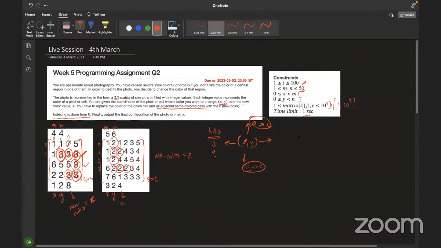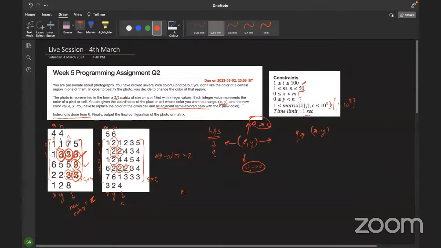So what you can do is come up with a queue, right? And you can start with X comma Y in the queue. Then you can start by looking at the adjacent cells of the X comma Y cell. Like here, X comma Y was this, and then you start looking at the adjacent cells.